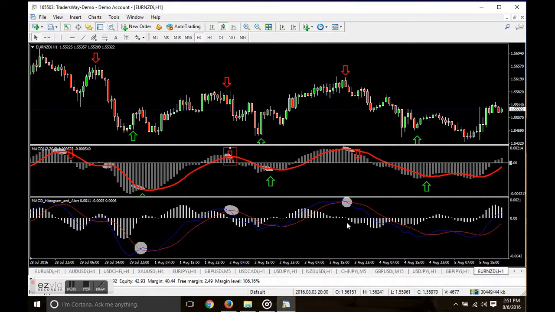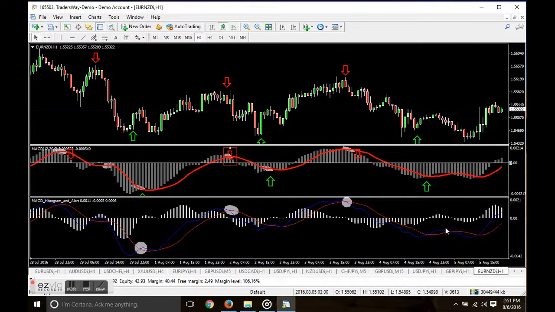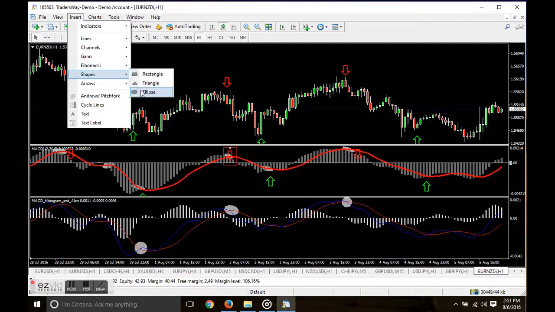Go ahead and mark this area. As you can see, it works the exact same way. It's just a little bit different. I'm going to go ahead and finish up by marking up some areas over here.